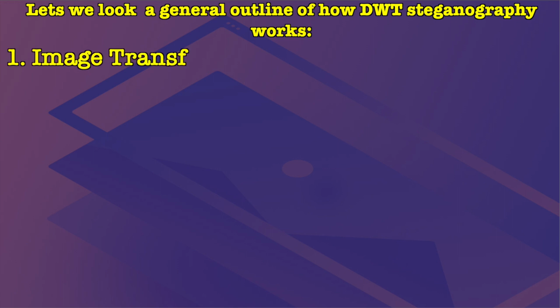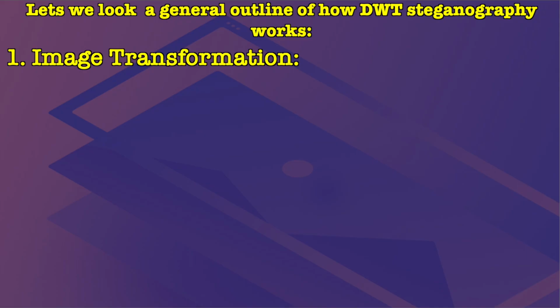Step 1 is image transformation. The cover image is transformed using the DWT to generate approximation and detail coefficients at different levels. These coefficients represent different frequency components of the image. Step 2 is embedding. The secret information is encoded as binary data.